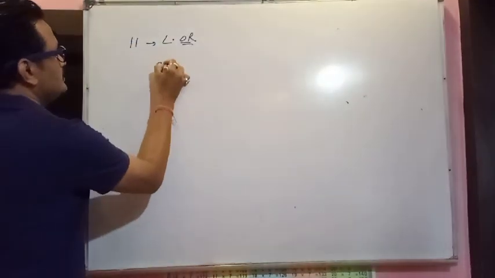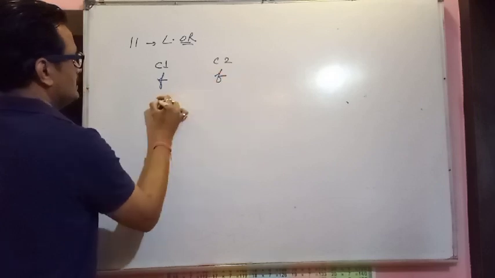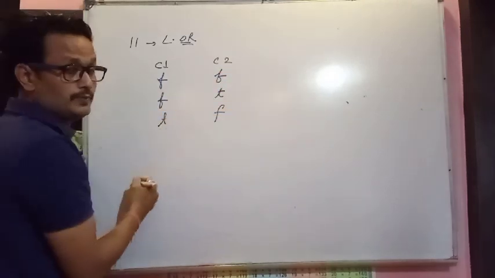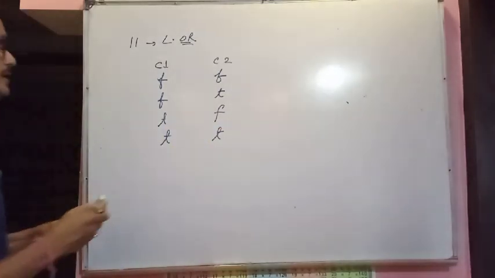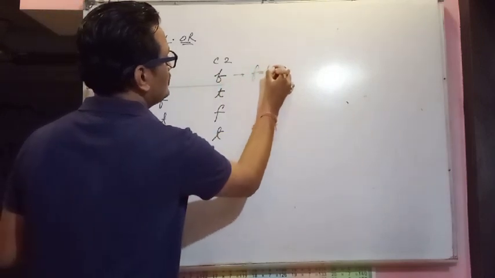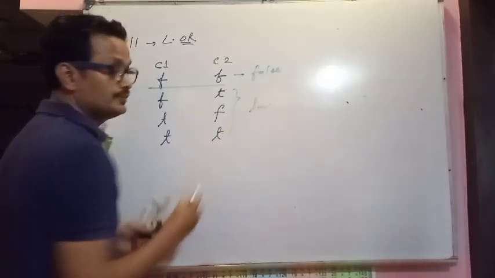So this is condition 1, this is condition 2. Maybe false, false; false, true; true, false; true, true. So children, if both the conditions are false, your answer will be what? False. In the rest of the cases, your answer will be true.